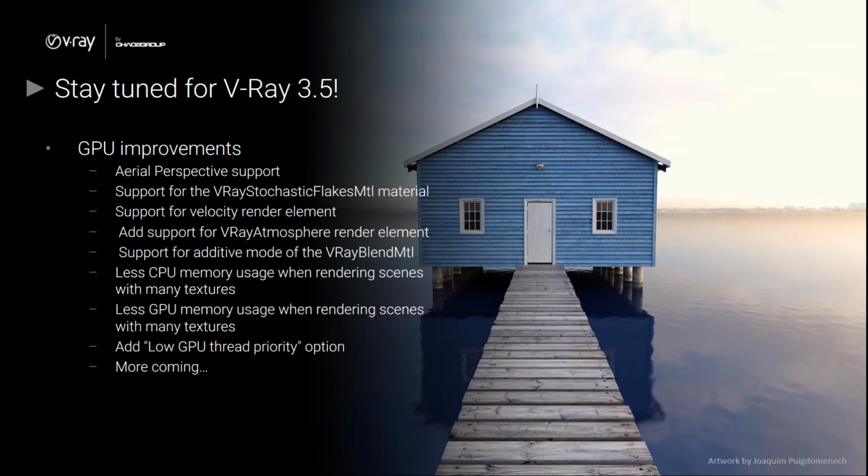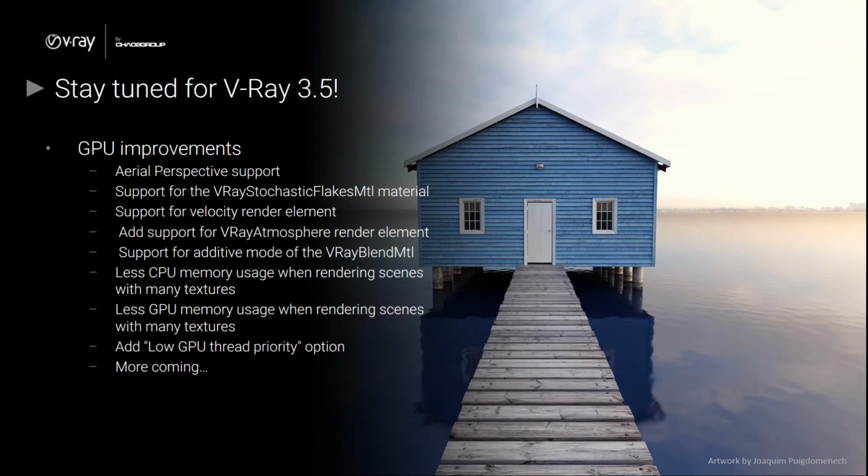Now you're going to be able to render aerial perspective on the GPU. We are going to support the V-Ray stochastic flakes material, and support for the velocity render element. You're going to have also the V-Ray atmosphere render element, and support for the additive mode on the V-Ray blend material. Less CPU and GPU memory will be needed when rendering scenes with many textures.